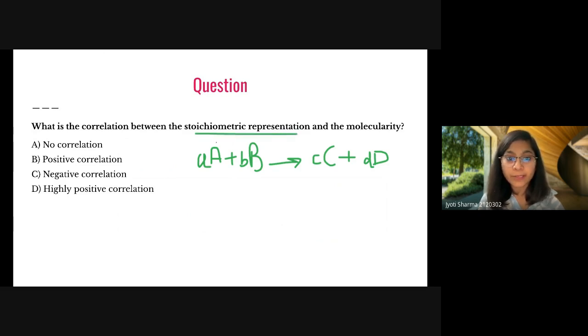So stoichiometric representation is nothing but this A, this B, this C, and D. And the molecularity, as we talked about, is nothing but the number of molecules we need in an elementary step or in an elementary reaction. So can you right now tell me the correlation between coefficient representation and molecularity? It is positive, negative, highly positive, or there is no correlation? You can write in the chat box.